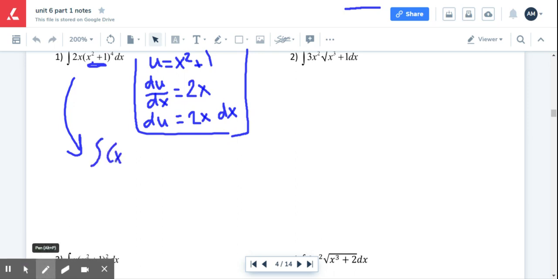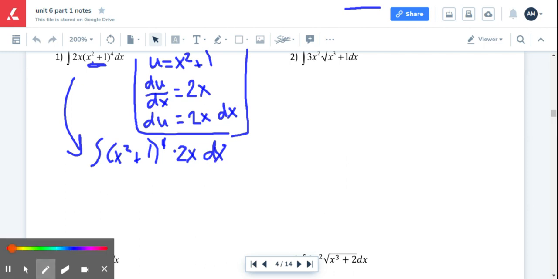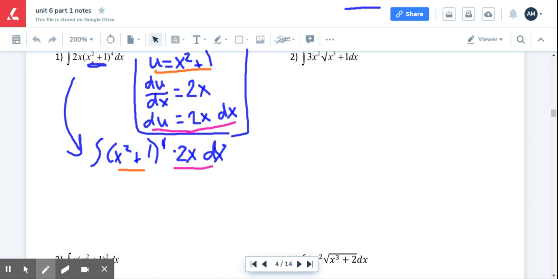So this integral turns into x squared plus 1 to the 4th, and I'm going to move the 2x over here, 2x dx. This is the substitution we're going to do. So x squared plus 1 is u. Then du is equal to 2x dx, and we've got a 2x dx.